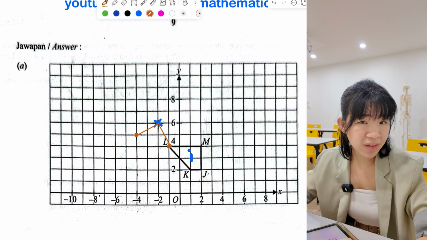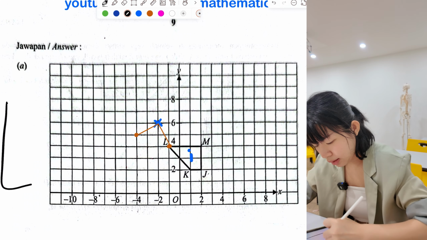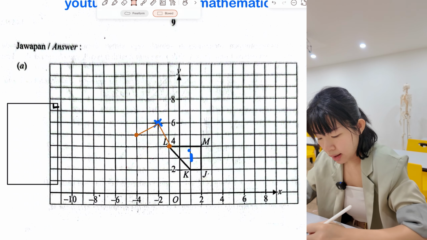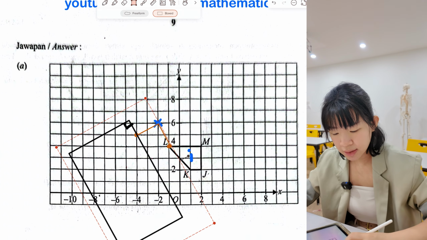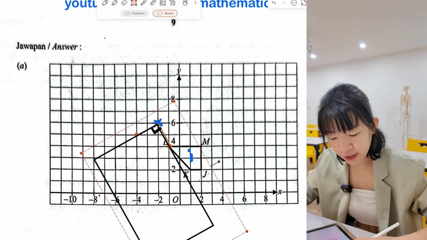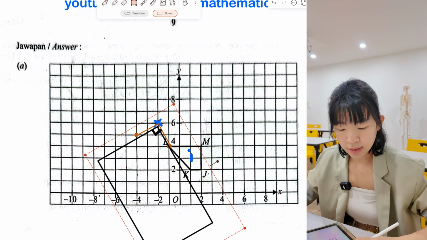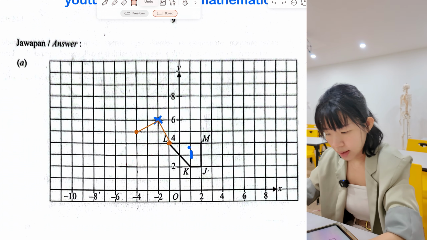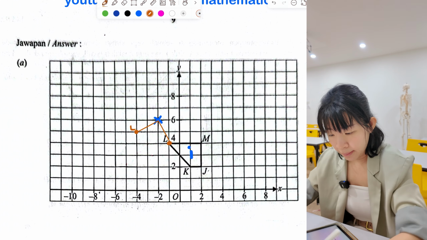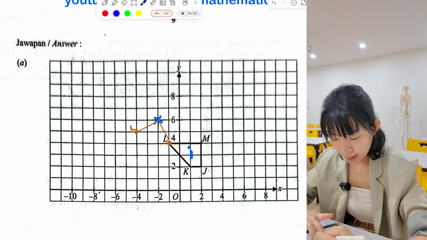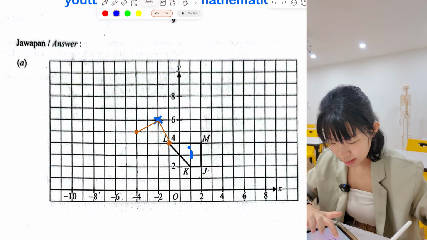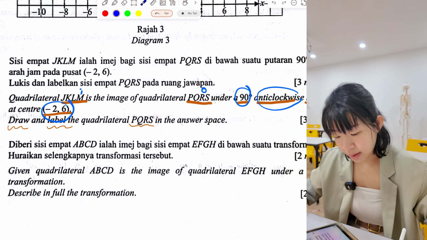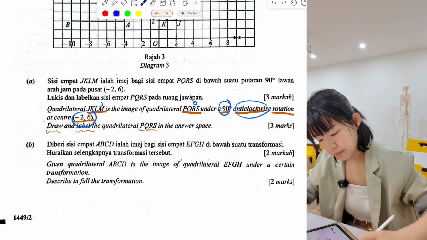If you're not sure whether it is 90 degrees or not, you can take out your ruler. Imagine this is my ruler. I take the corner of the ruler, this 90 degrees, slot it in and check whether it gives you a perfect 90 degrees or not. Yes, you see that? Now take away the ruler. This is the L we want, but remember, they don't call it L, they call it PQRS.